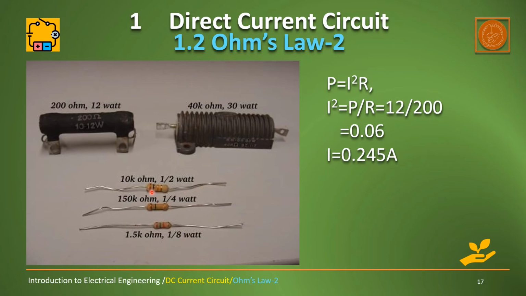They have the color code, and here you can find the exact value according to the color code. Similarly, this is 150 kilo ohm with 1/4 watt. This is 1.5 kilo ohm with 1/8 watt.